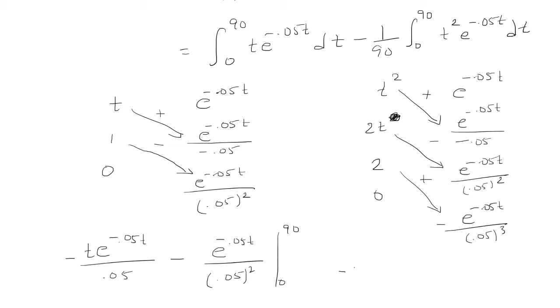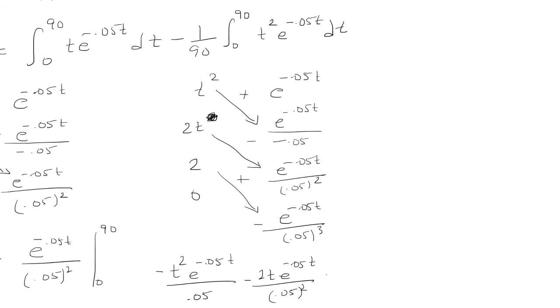So it's negative t squared e to negative 0.05 t over 0.05, minus 2t e to negative 0.05 t over 0.05 squared, and then minus 2e to negative 0.05 t over 0.05 cubed. And then we want to put the 1 over 90, don't forget, evaluating it from 0 to 90.